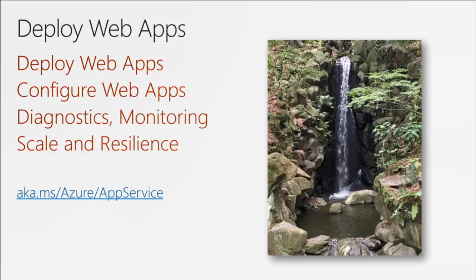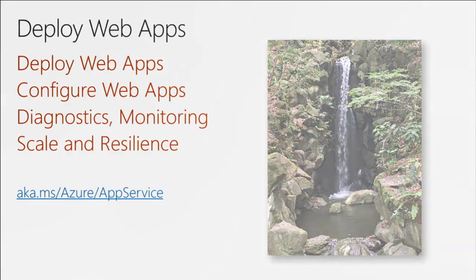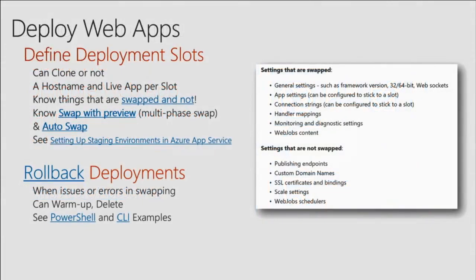4 sections in deploying web apps: deploy, configure, diagnostics, monitoring, and how you scale and make them resilient. Here we've got a number of areas that will trip you up. And just to reiterate, I'm not going to teach you anything today. I'm going to help you with areas you might need to double down on and accept you've got to do a little bit more study on, and areas that can trip you up and have tripped me up in the past.